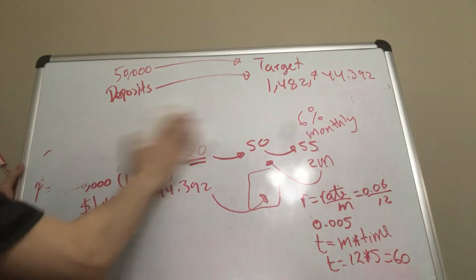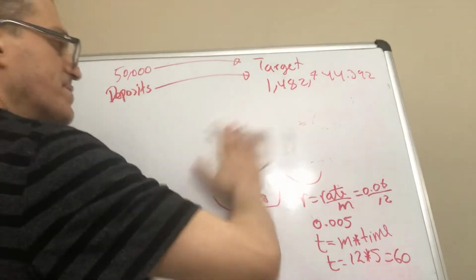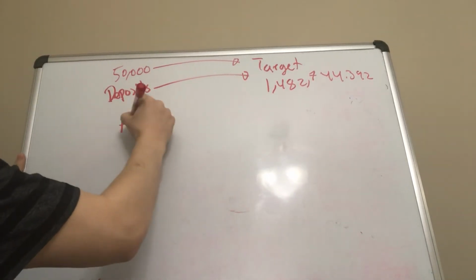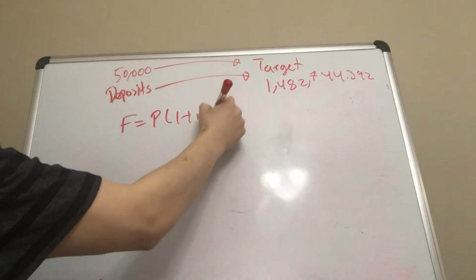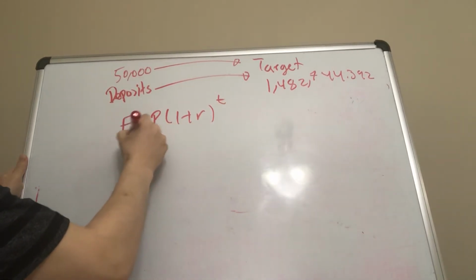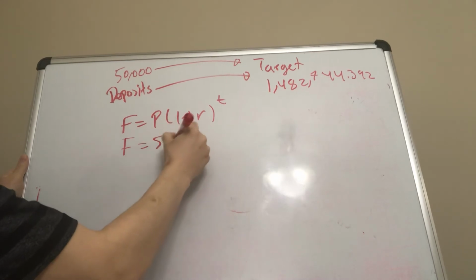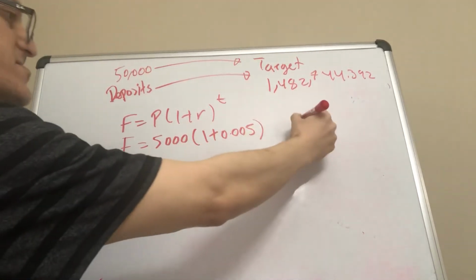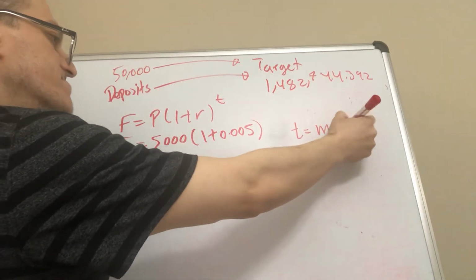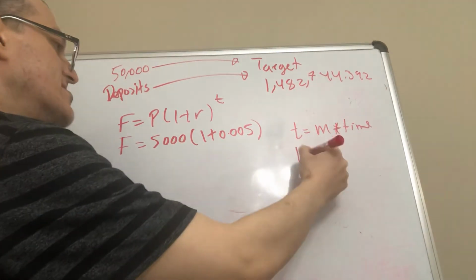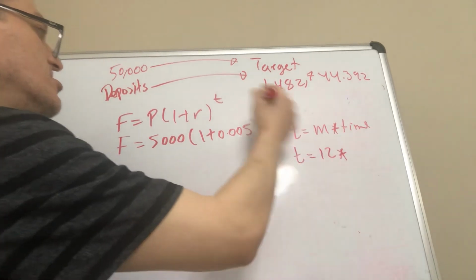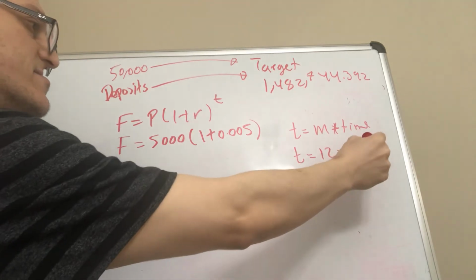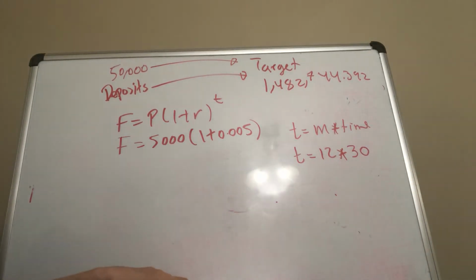So this 50,000 is invested one time. So you go future value equals present value times 1 plus R to the T. So 50,000 still at the same interest, but T is different. It's still monthly, but it would be from age 20 to age 50, so that would be over 30 years.